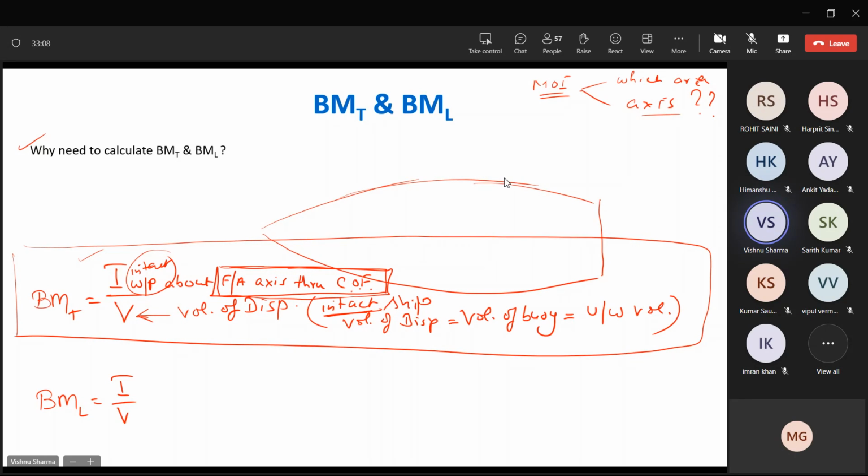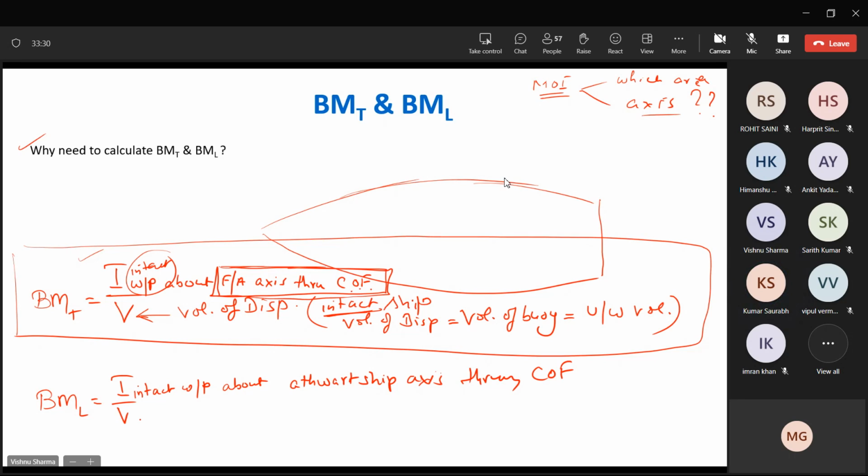Then what is BML? BML is also I of which area? Same area. But about athwart ship axis, port to starboard, passing through the center of flotation, through COF.